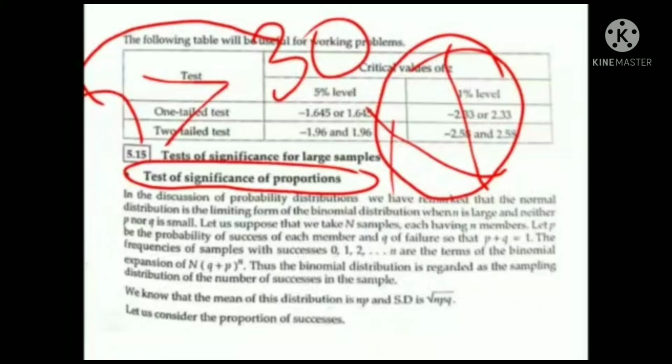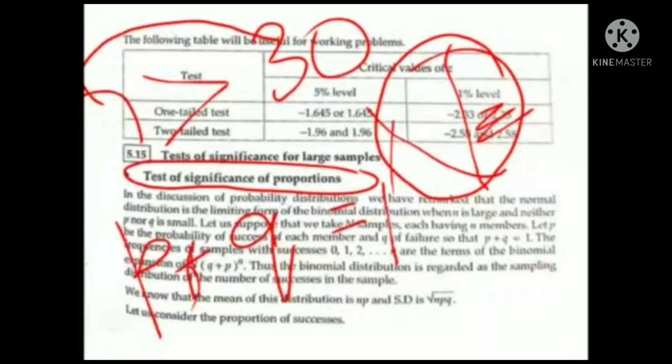Let us also assume that P is the probability of success of each member of the sample. In this group of capital N samples, each member has a probability of success represented by P and probability of failure represented by Q, such that P plus Q is equal to 1.